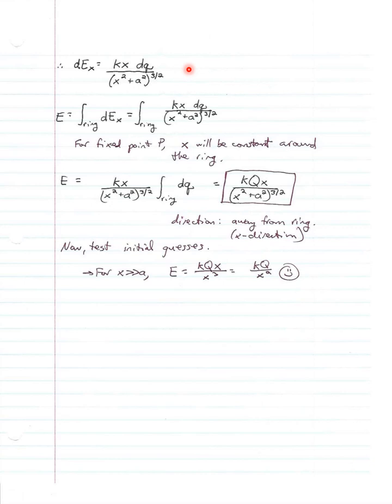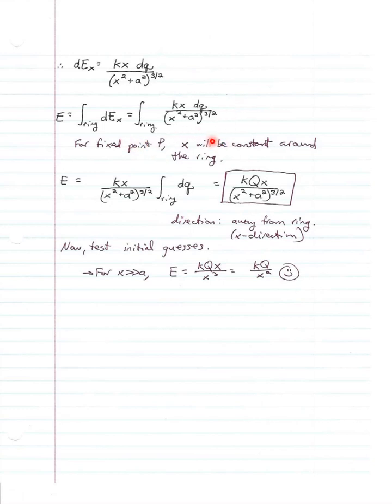Now what we're going to do is integrate over the entire ring. So the electric field is the integral over the ring of dEx, which is the integral over the ring of kx dq over (x squared plus a squared) to the 3/2 power. For a fixed point P along the x-axis, x will be constant around the ring, which means the x can get thrown out to the left.